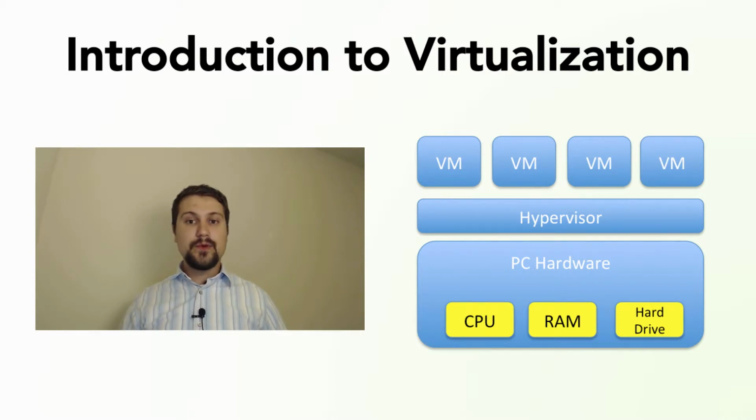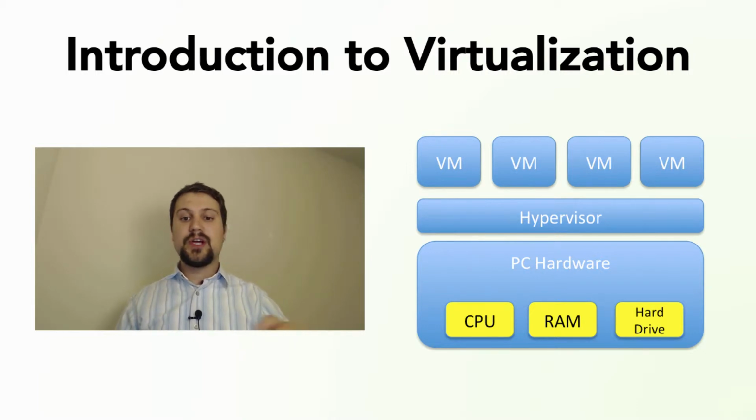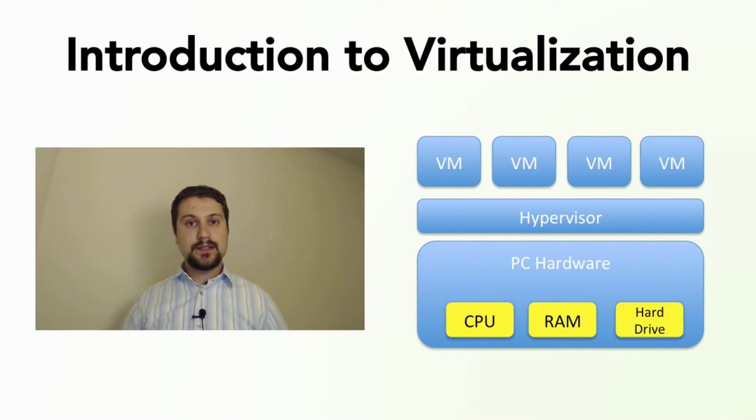On the very bottom you have your PC hardware, and within that PC hardware you have your resources: your CPU, your RAM, and your hard drive space. These are the three main resources that a computer needs. Now on top of that PC hardware sits the hypervisor. The hypervisor is a small piece of software that allows it to share the CPU, the RAM, and the hard drive with the VMs that it's controlling.